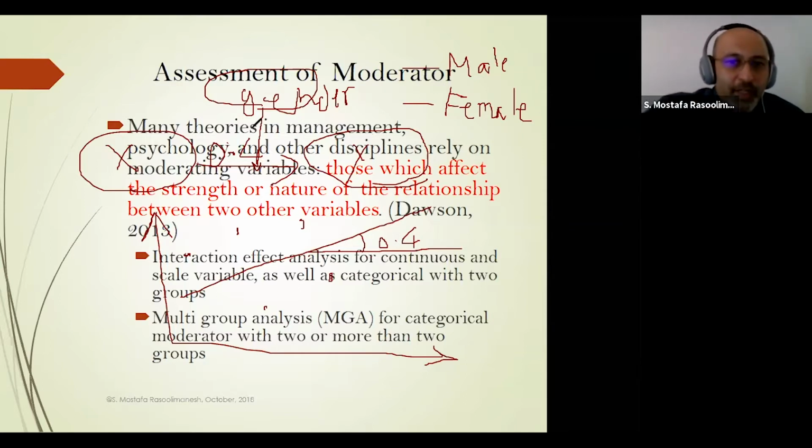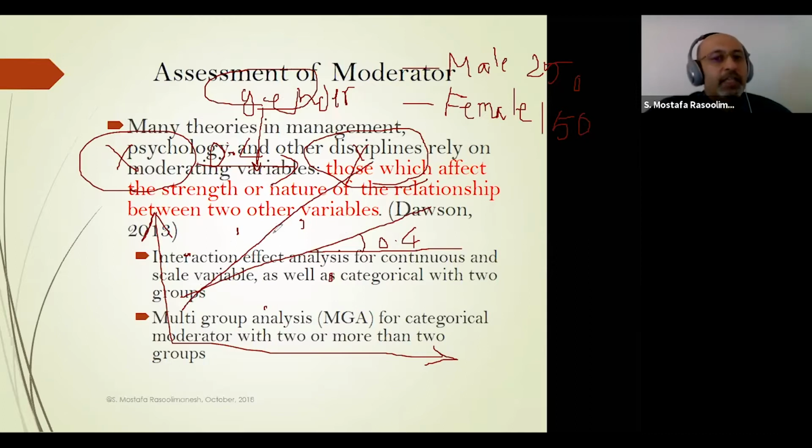For example, if out of 400 samples, 250 are male and 150 are female, then when we introduce this moderator, we look at the effect of x to y for these 250 samples. The effect of x to y for male is something similar to this line.